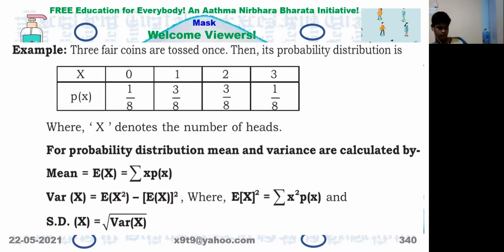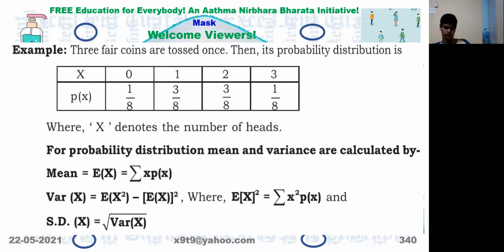So P of x, when x is equal to 1, is 1 by 6. When x is equal to 2, P of x is no, 1 by 6 only, because it occurs only once. Similarly, for x equal to 3, it is 1 by 6.